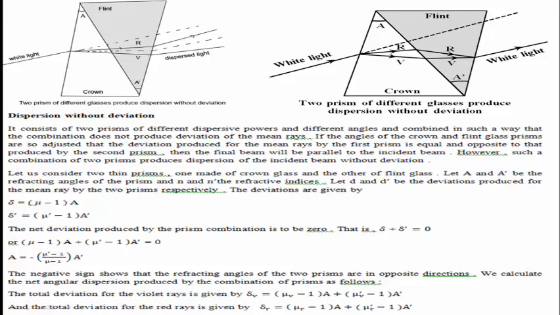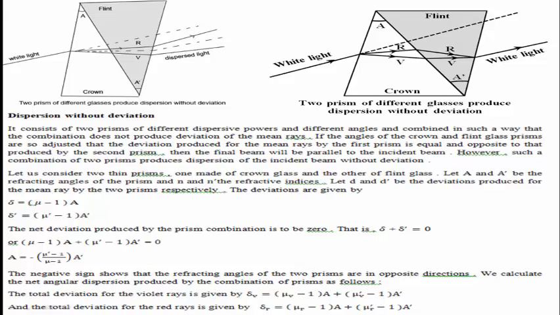Let us consider two thin prisms, one made up of crown glass and the other of flint glass. Let A and A' be the refracting angles of the prisms and ν and ν' be the refractive indices. Let δ and δ' be the deviations produced for the mean ray by the two prisms respectively.